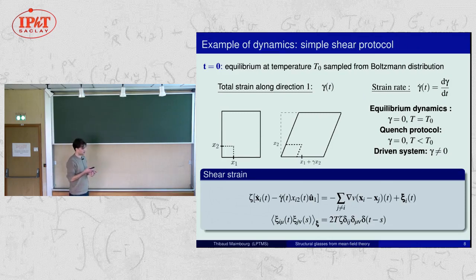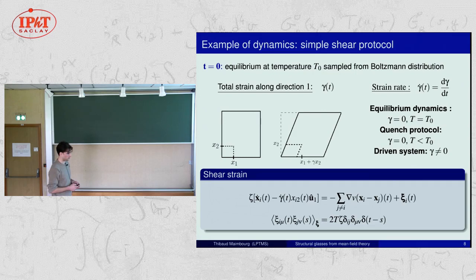You can also do, for example, active matter, where you can add a colored noise to the system that acts as an internal drive, like bacteria or things like that, making the system out of equilibrium.